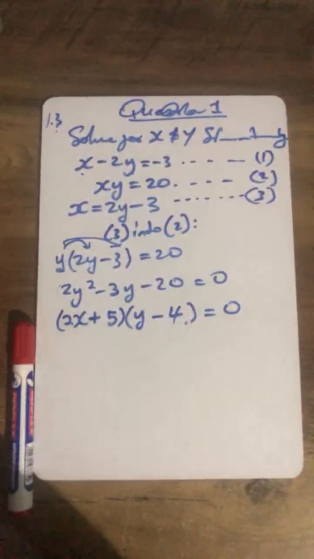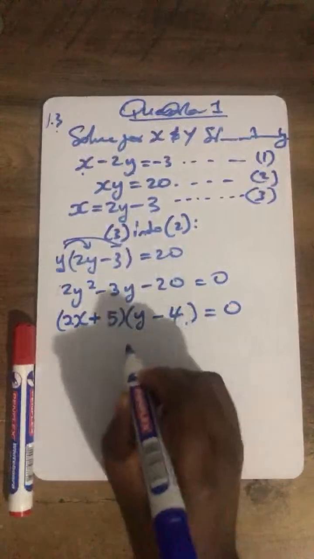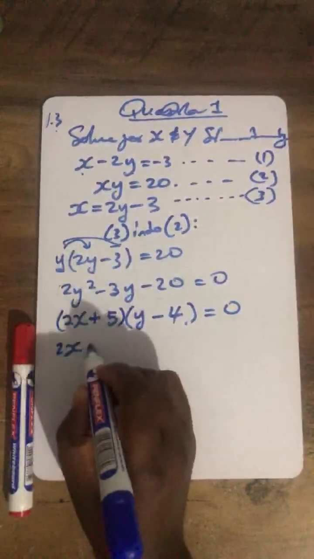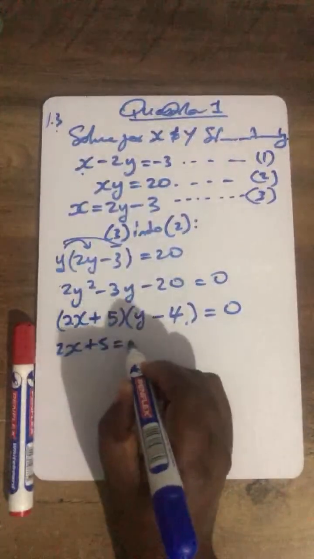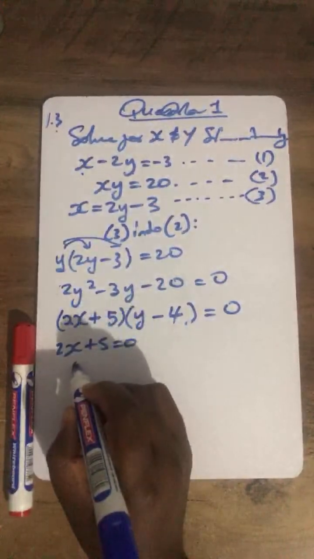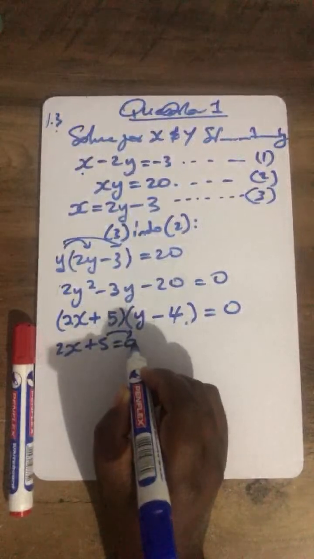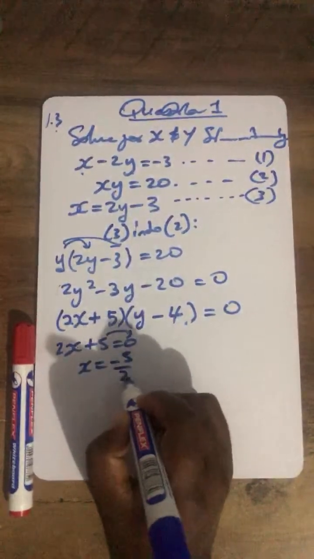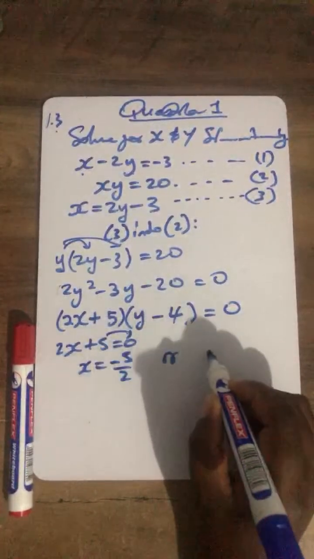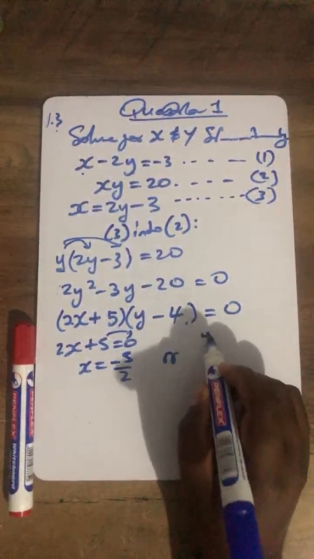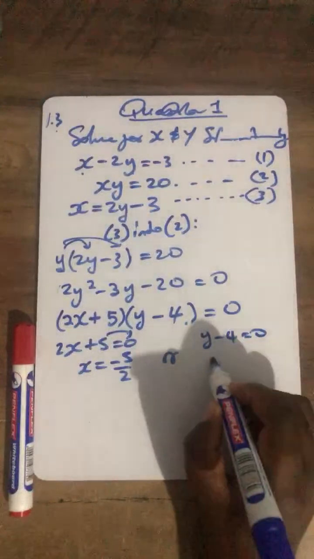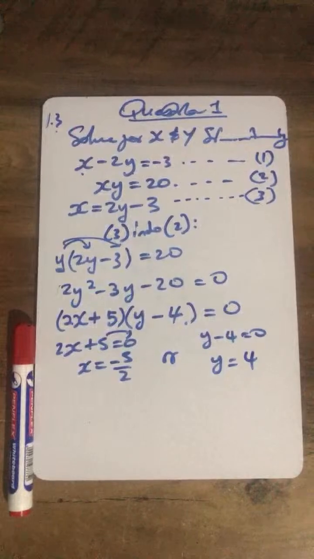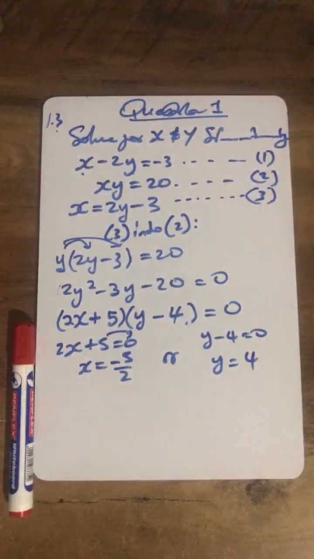The reason for that is so that you know that what you got on the calculator is your final answer. So you have that equal to 0. This to the other side is negative 5. You divide by 2, your x ends up being negative 5 over 2, which is what you get on your calculator. For this one, it's y minus 4 equals 0, y equals positive 4. So that's how you get your first answers.